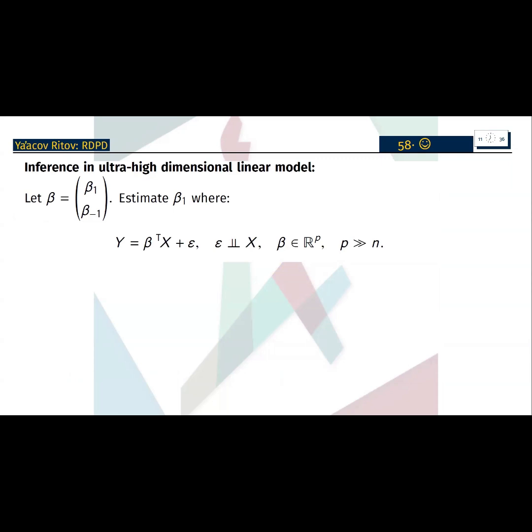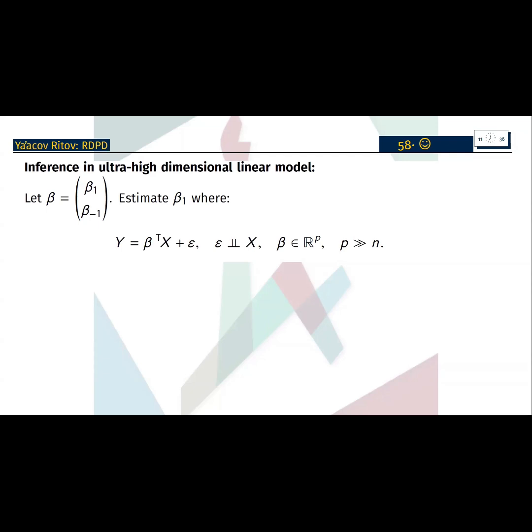So let's look at another model: inference in an ultra-high dimensional linear model. Ultra-high means p is larger than n. So again, I take y on x by regression, usually using something like lasso, not necessarily, but something like lasso can work.